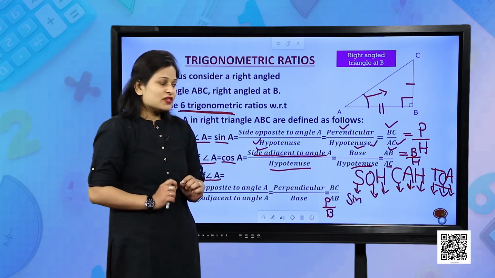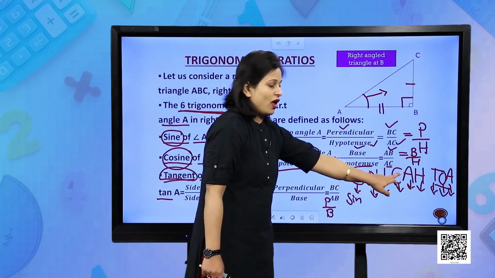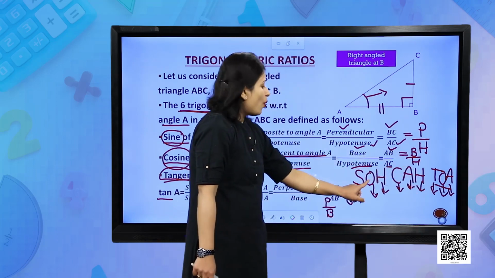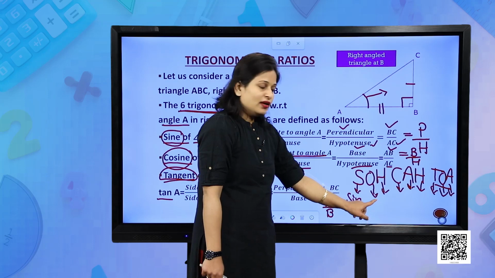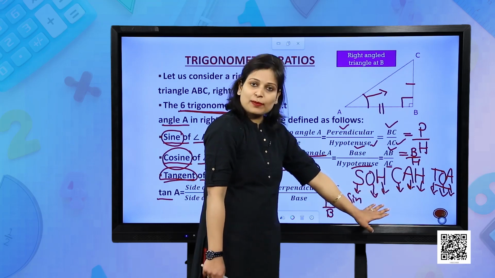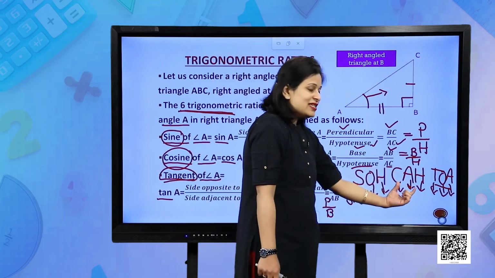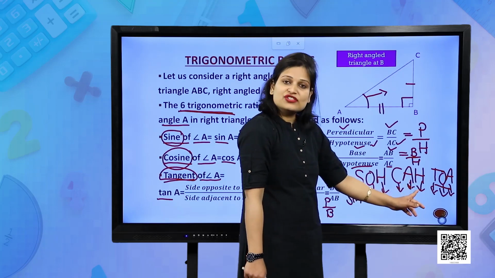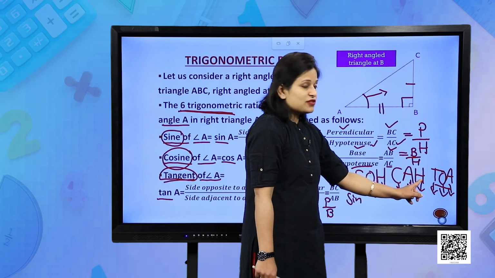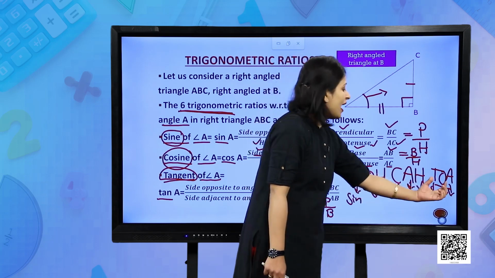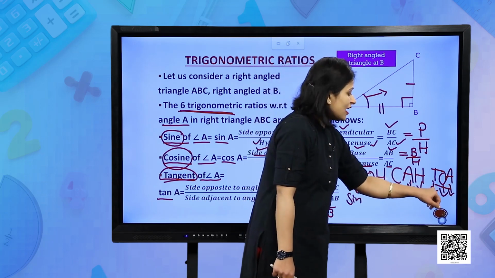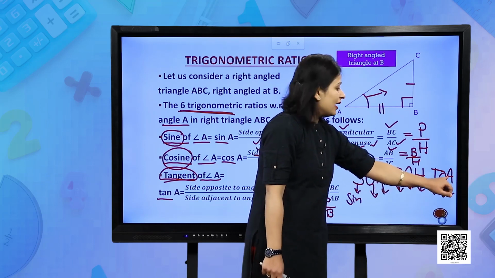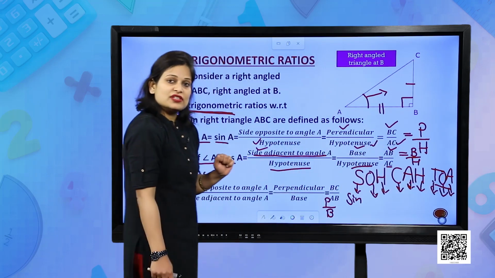You just have to remember SOH CAH TOA. In SOH, S means sine, O means opposite side, H means hypotenuse. In CAH, C stands for cos, A stands for adjacent side, H stands for hypotenuse. And in TOA, T stands for tan, O stands for opposite side and A stands for adjacent side.